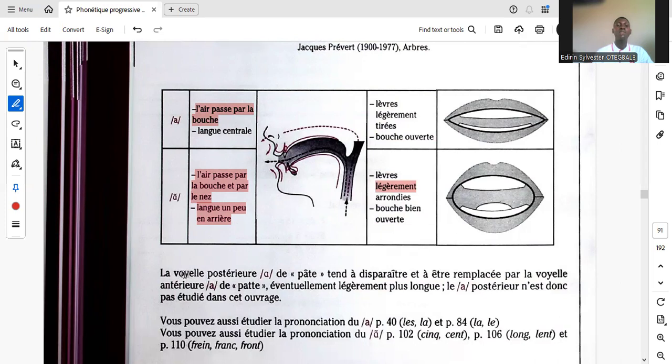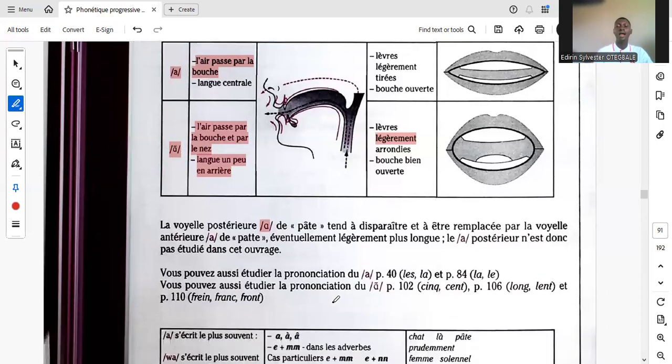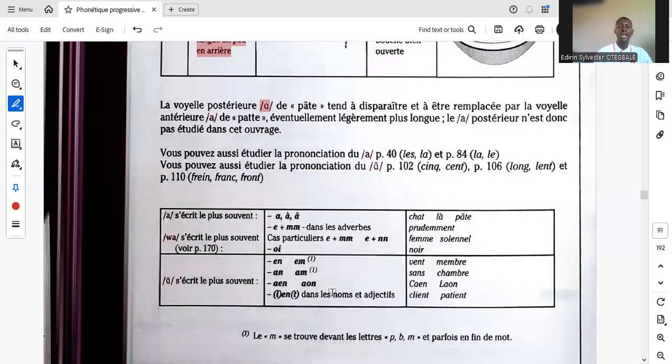Now, the one we call a voyelle postérieure, I've explained in one of our past videos. This is a posterior sound in that context. How is it realized? We have seen R with the Y, we've done that.